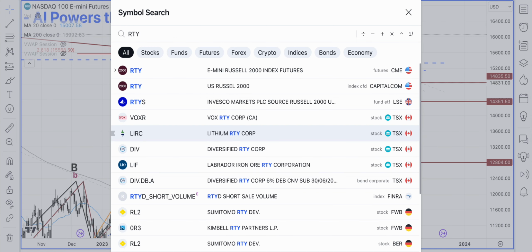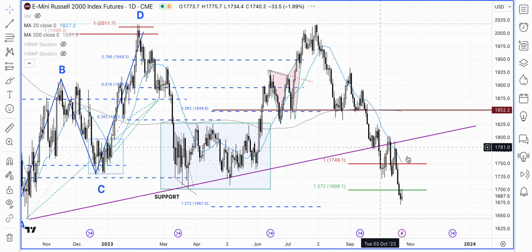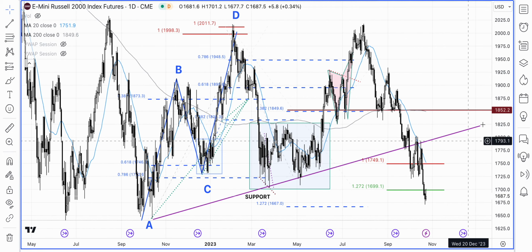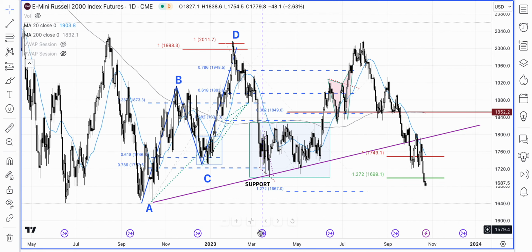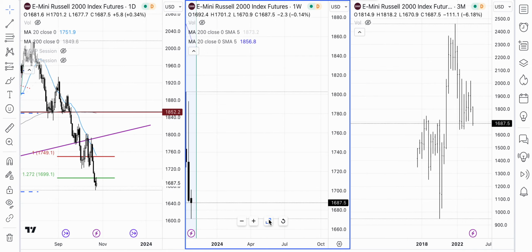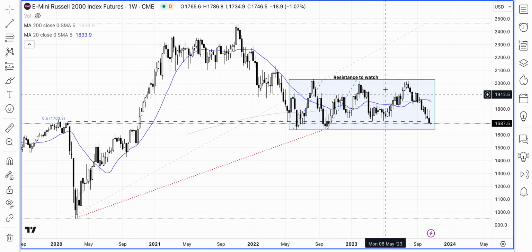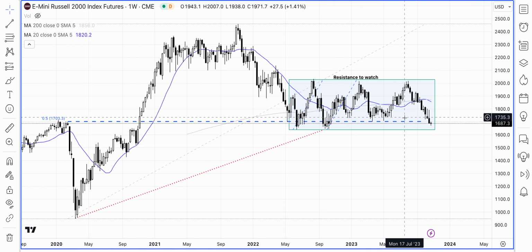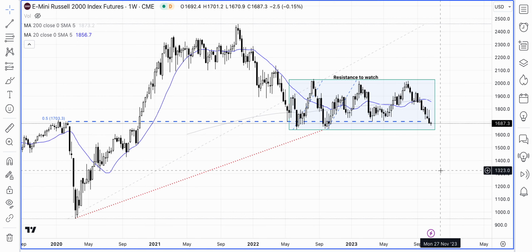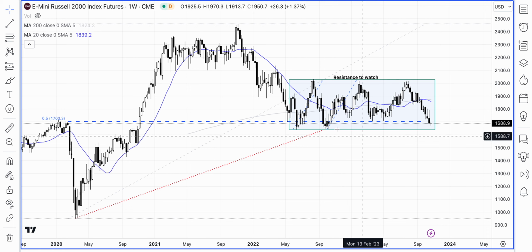Let's take a look at the Russell 2000. So these are the small caps. Let's take a look at this on the weekly chart. This market has been impacted a lot. It is much weaker compared to the S&P 500 cash market that we took a look at, and the Nasdaq 100 futures.